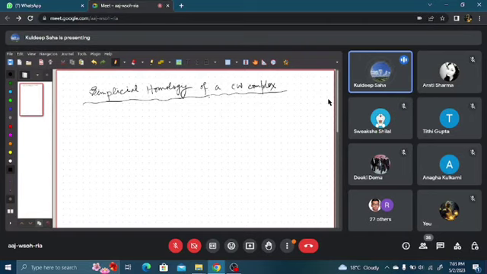Right now, these are meaningless words to us. We do not know what is simplicial, we do not know what is homology, and we do not know what is a CW complex. So let us look at some examples of all such things.